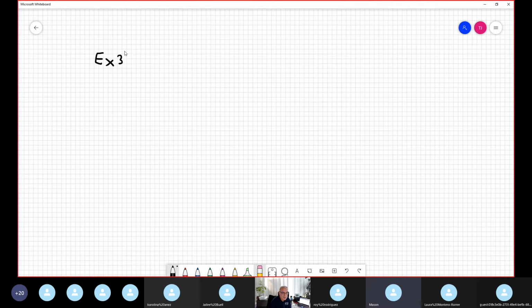Example 3 is easy. Look at that. The function f of x is equal to (x minus 1) raised to the cubic power plus 7. Okay, so you determine first what function comes from this given function.